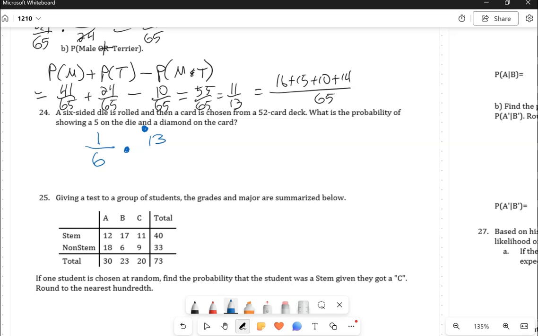There are 13 diamonds out of the 52 cards. Some of you might choose there's 1 diamond suit out of the 4 suits. That's also correct because this reduces to 1/4. Either way, it all multiplies to be 1 over 24. That's that.